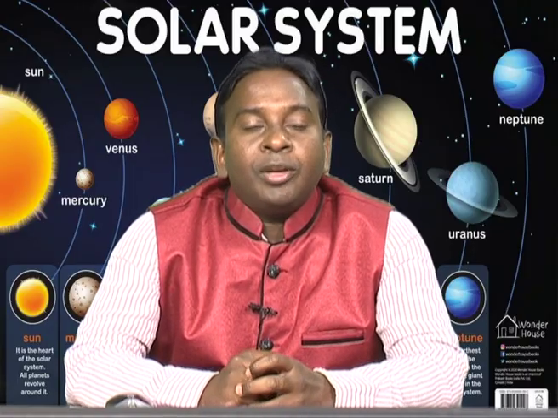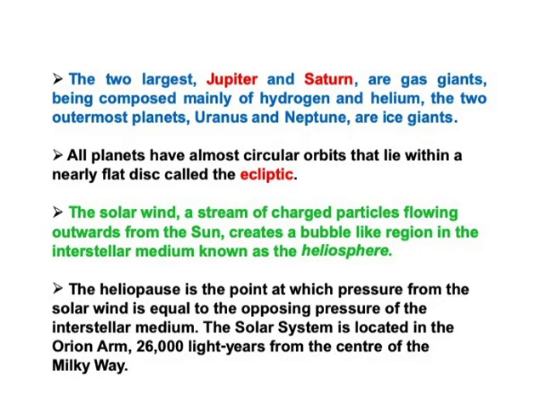The four outer planets are called giant planets, being substantially more massive than the terrestrials. The two largest planets are Jupiter and Saturn, which we also call gas giants, composed mainly of hydrogen and helium.